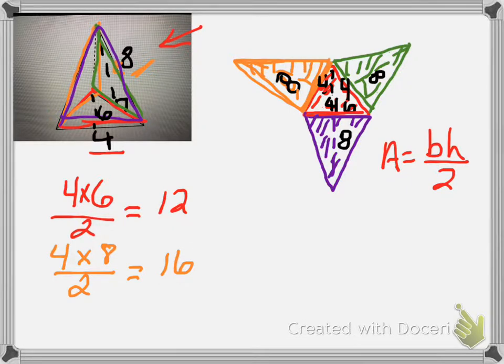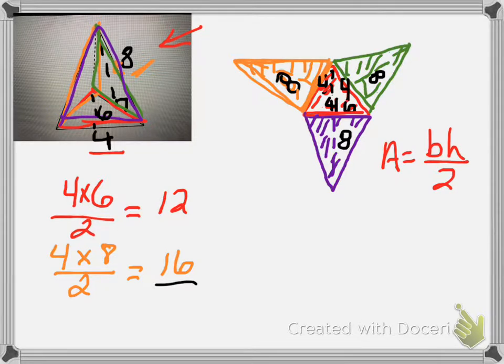They're all 4 times 8 divided by 2. So the area of each of those triangles is 16. All the faces of our regular triangular pyramid are exactly the same. So you can go ahead and do the base times height divided by 2 for each one of those, but know that you're going to get 16 as your area for each of those face triangles.